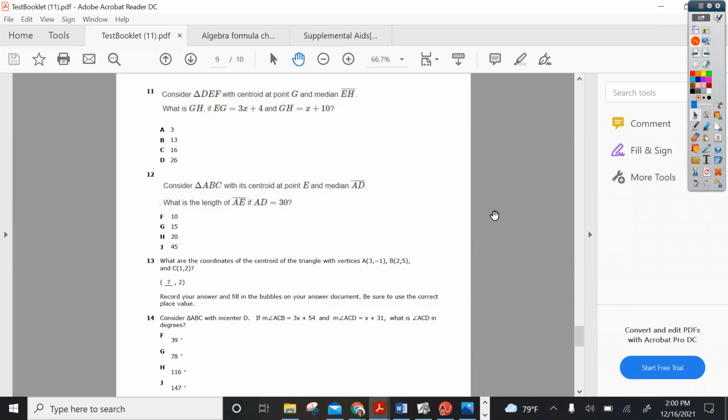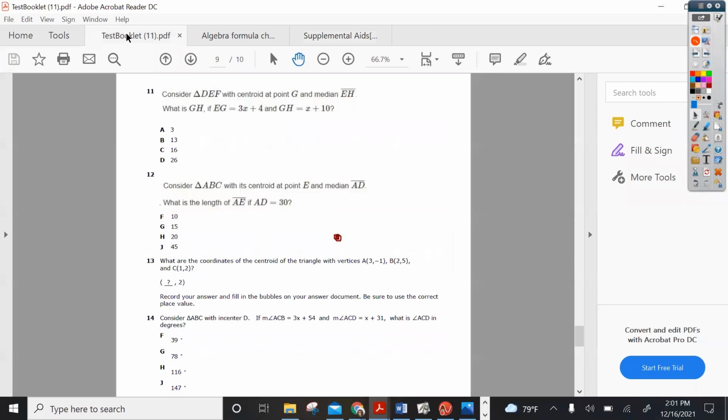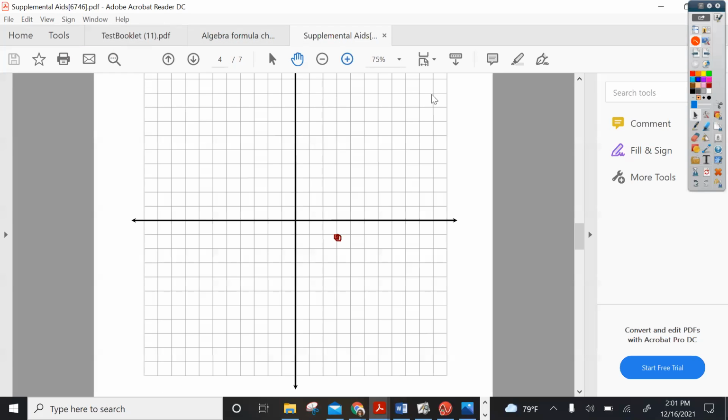Okay, what are the coordinates of the centroid of the triangle with vertices A (3, -1), B (2, 5), and C (1, 2)? So this is going to be the same thing. So 3, -1. 2, 5. So that's A. 2, 5.